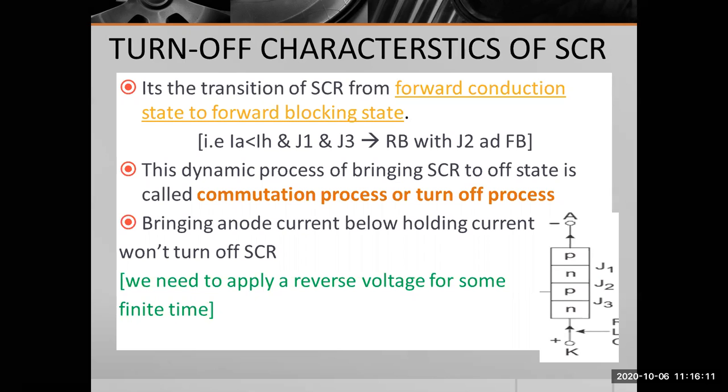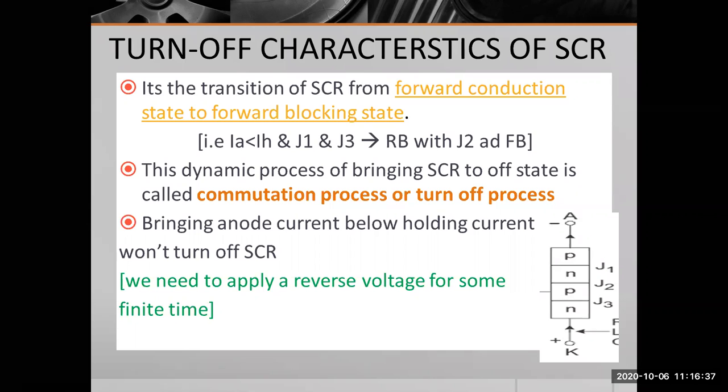Initially the SCR is in the on condition, which means IA is flowing in the SCR. If I supply voltage, that is an AC supply, then the anode current, that is the AC supply current, will automatically decrease to 0.